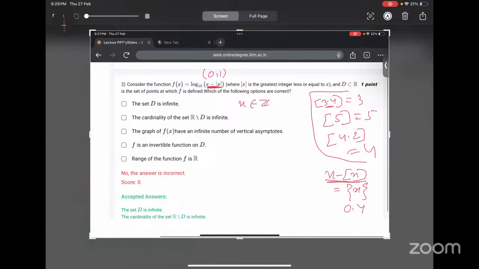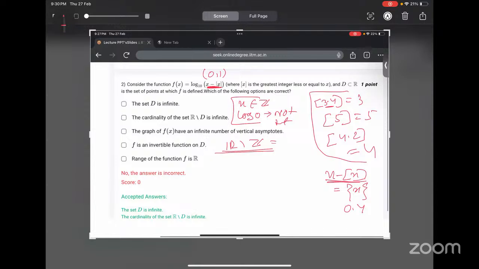Not defined. So integers you cannot take. That means the domain is real numbers minus integers. Except at integer points, the value will be from 0 to 1, so there we don't have any problem. That means the domain will be R minus Z. It is clear, right?